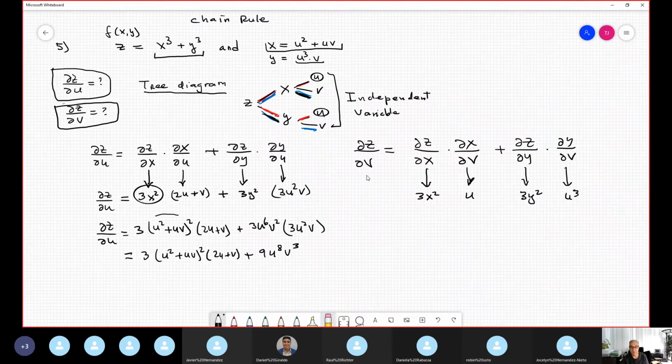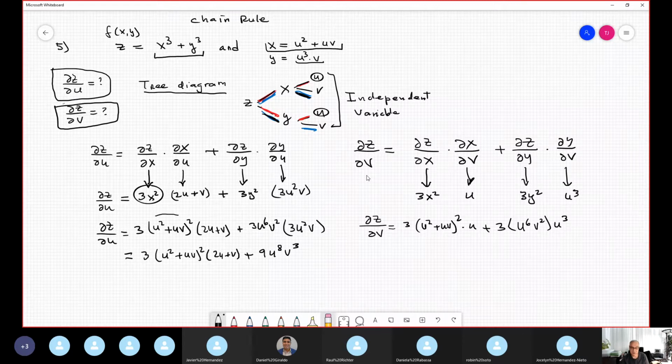The final answer is, well, this dC/db is equal to 3 times, and x I know is u squared plus ub raised to the second power, multiplied by u. In this case, it's easy to manipulate algebraically, plus 3 times u, and what is y? y is this square, is u^6 b^2 times u^3.